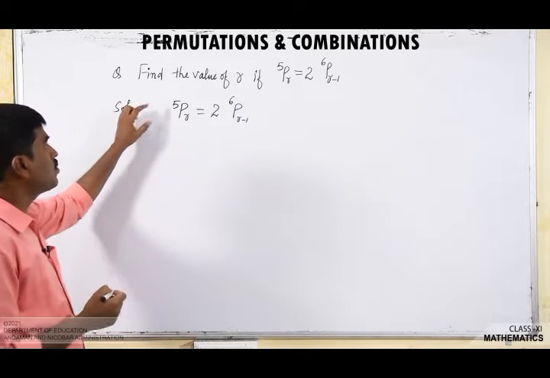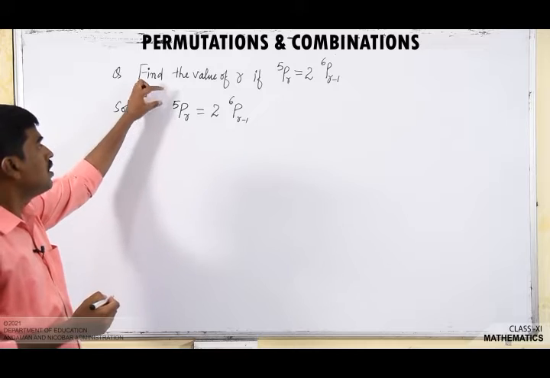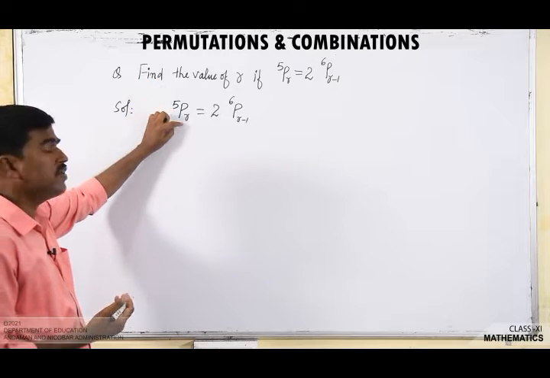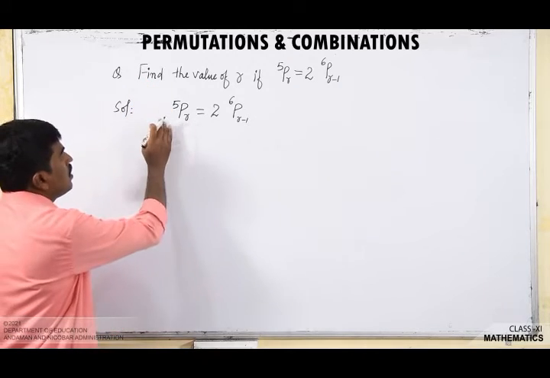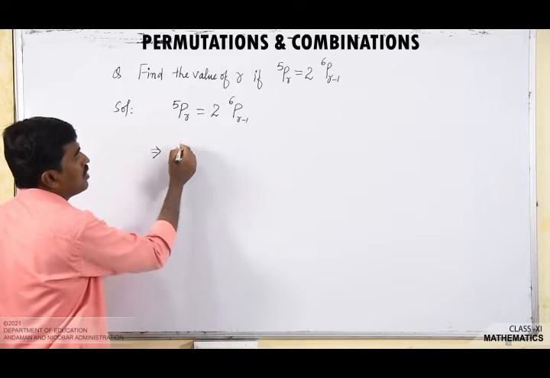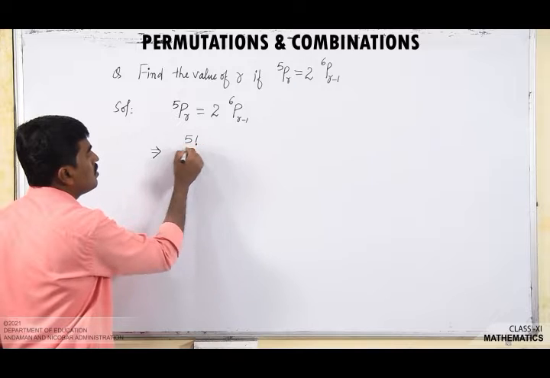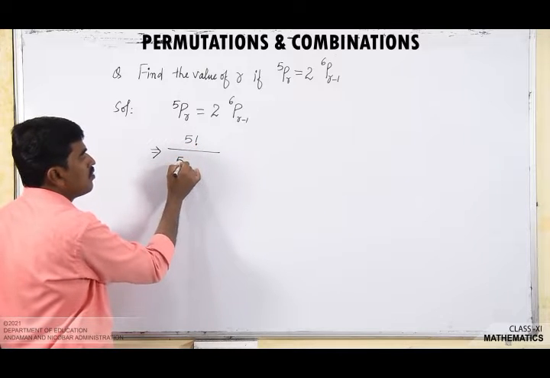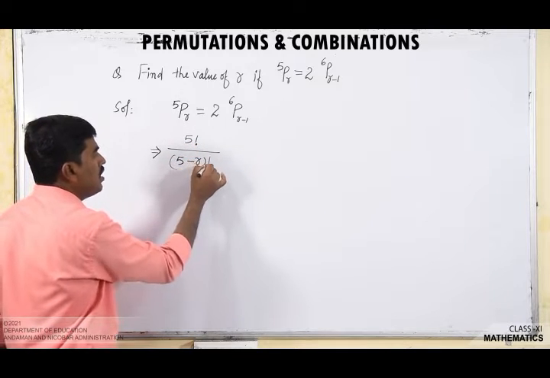So again we have to use the formula of nPr. Here n is equal to 5 and we have to find the value of r. So just write the value of 5Pr, that is 5 factorial divided by (5 minus r) whole factorial.